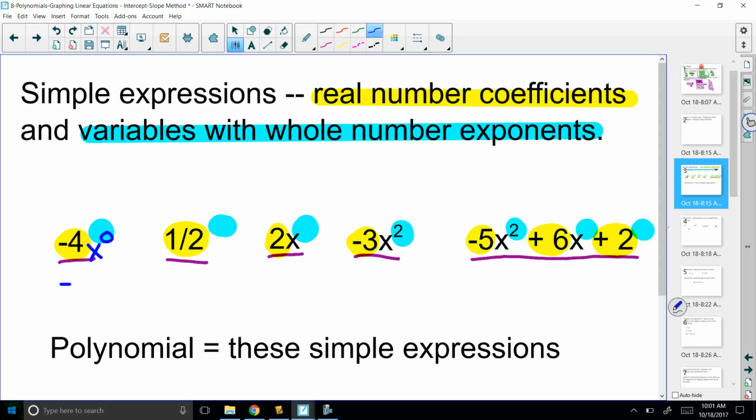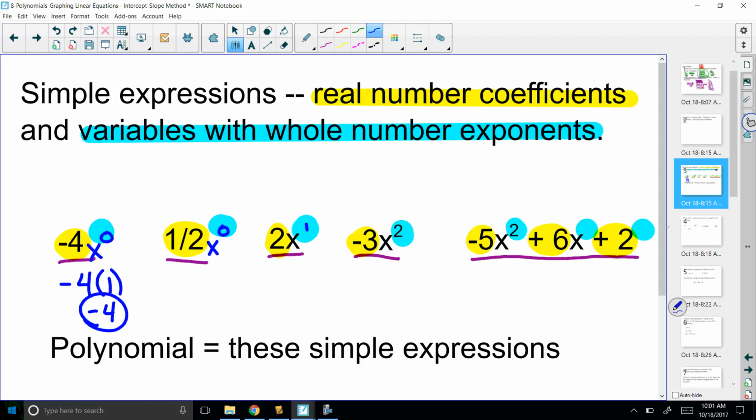It's just that what is x to the 0 power? 1, and it simplifies into -4, or what we see is -4. So 1/2 means the same thing as 1/2 x to the 0 power. So the exponent of that variable, which is the 0, is still a whole number, and that's why we consider just 1/2 or -4 to be simple expressions.